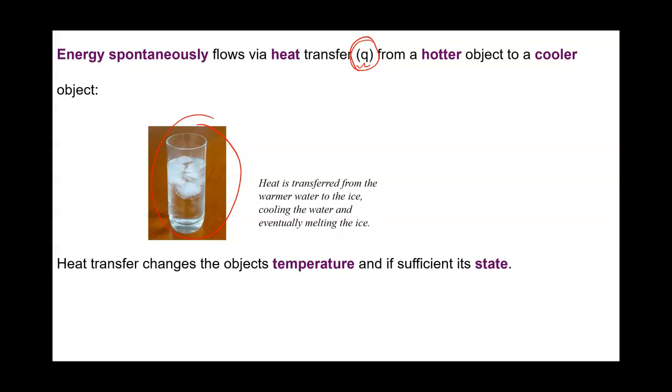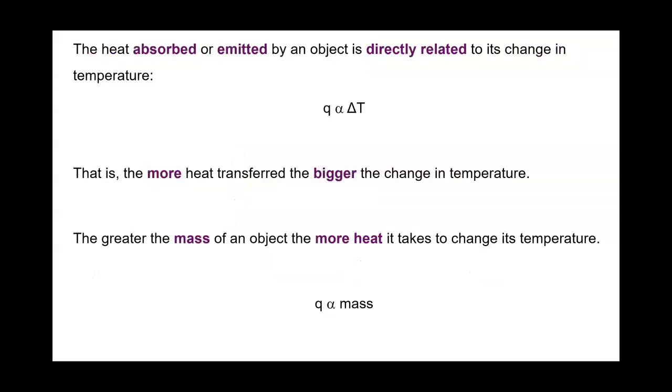So heat transfer, the transfer of energy in the form of heat, will change an object's temperature, and if you transfer enough energy as heat, it'll change the physical state of a substance. The heat absorbed or emitted by an object is directly related to its change in temperature.